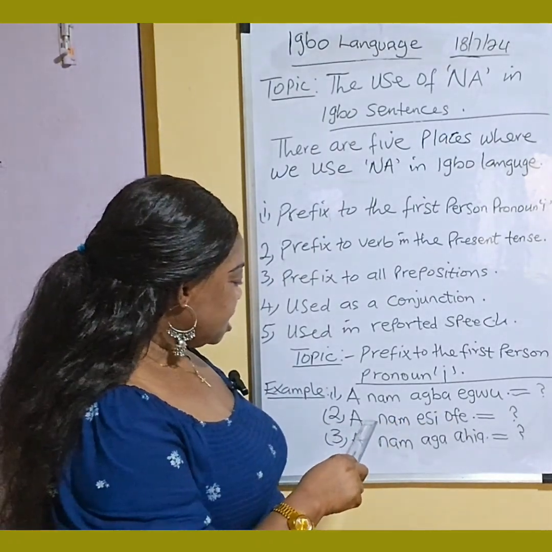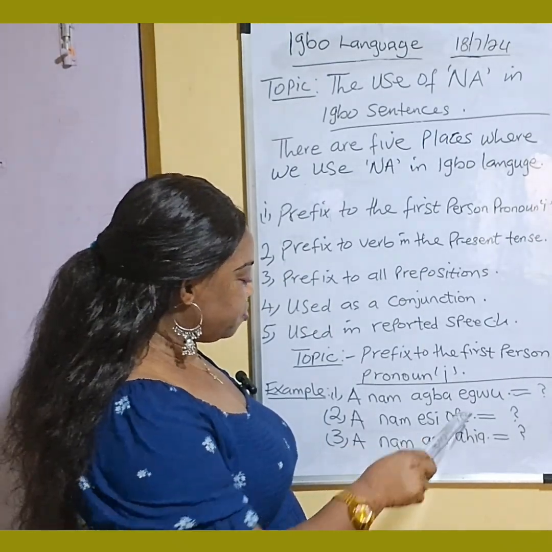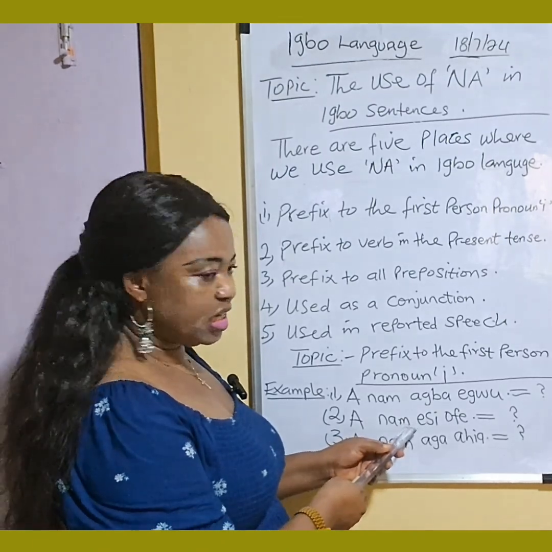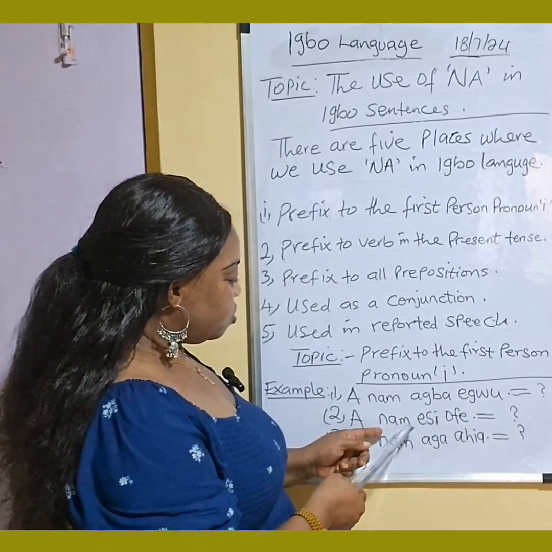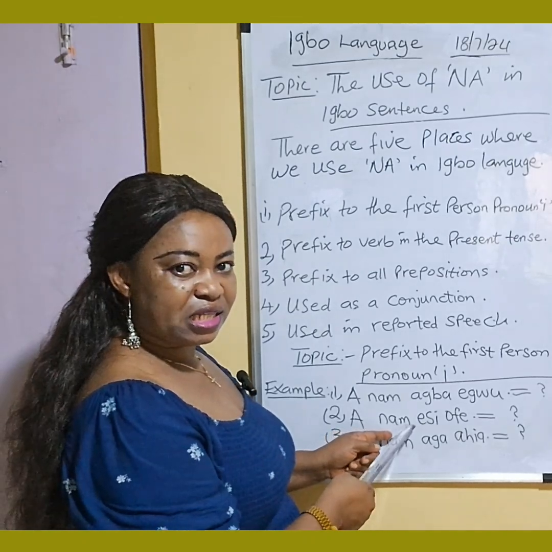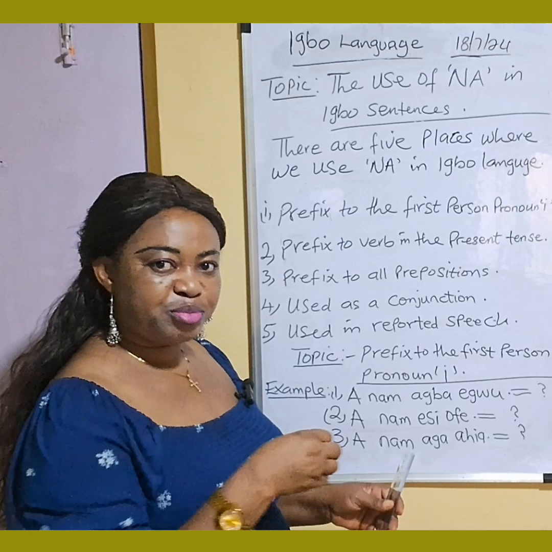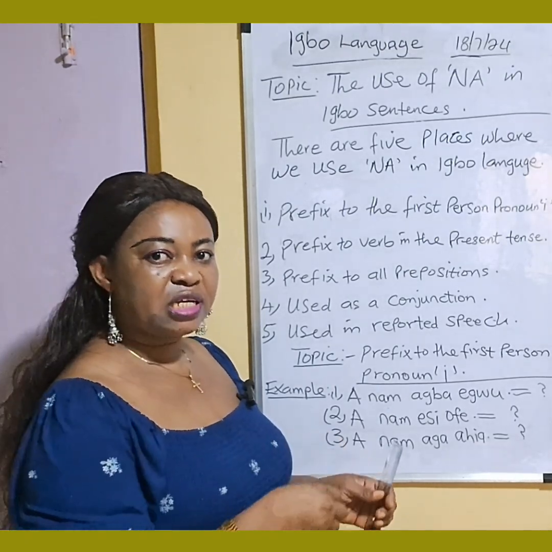Second one says anam esi ofe. You can see that we wrote them together, na and the first person pronoun I. That is what we mean by making it a prefix to the first person pronoun: writing them together.